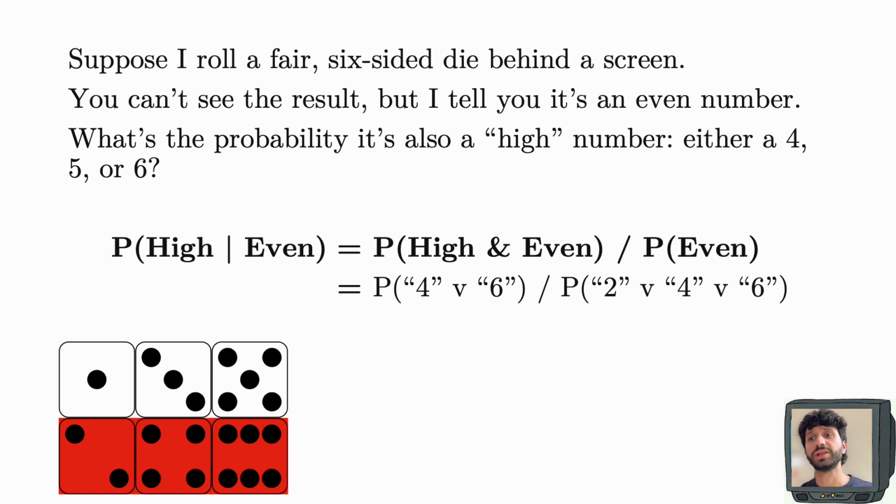So the probability that it lands on a 4 or a 6, over the probability that it lands on an even number. And even numbers are 2, 4, and 6. Since they're mutually exclusive, right, the die can't both land on a 2 and on a 6, it's easy to calculate these probabilities. The numerator is just 2 over 6, right? 1 over 6 for each side. And the denominator is 3 over 6. And so if you multiply that out, then you get 2 over 3.